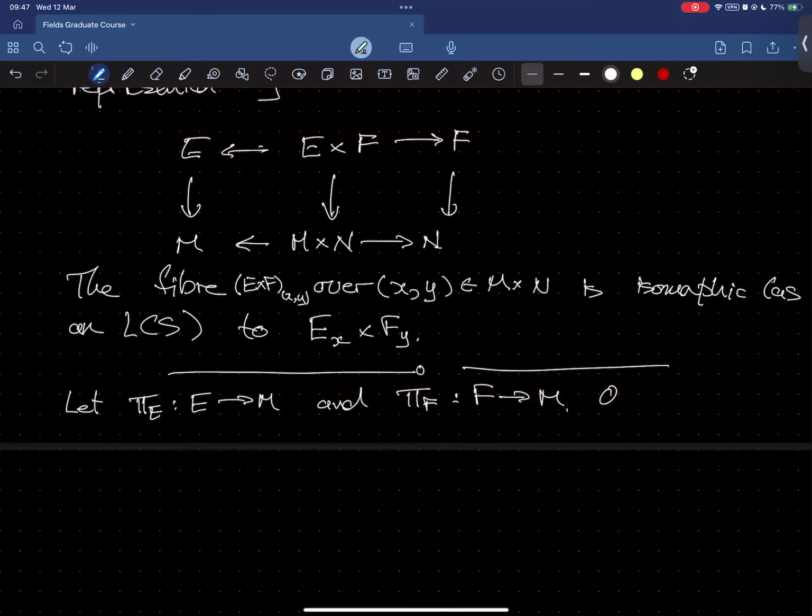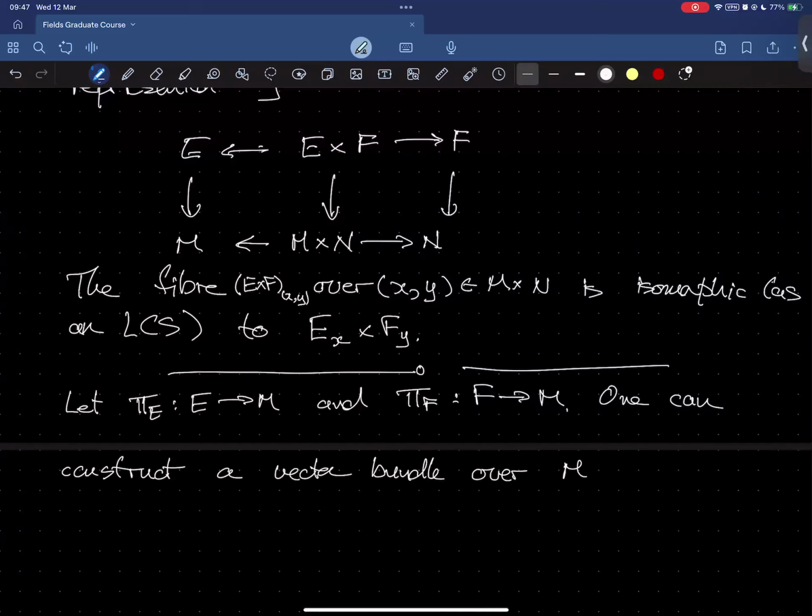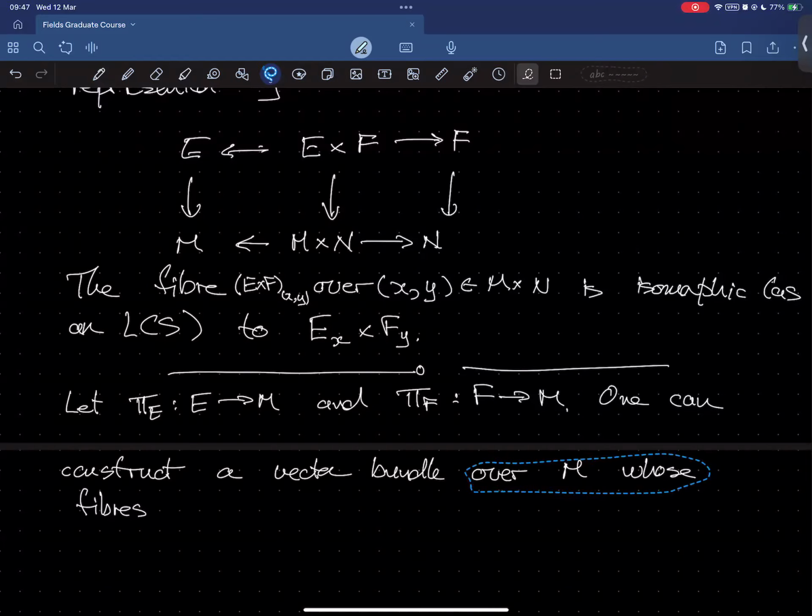One can construct, and I won't go through the details, but I'll just indicate quickly the outline of the construction, a vector bundle over M whose fibers... sorry, I need to insert the notation here.